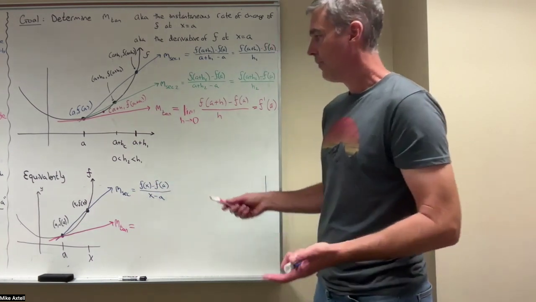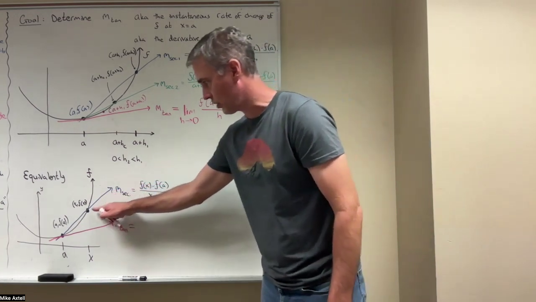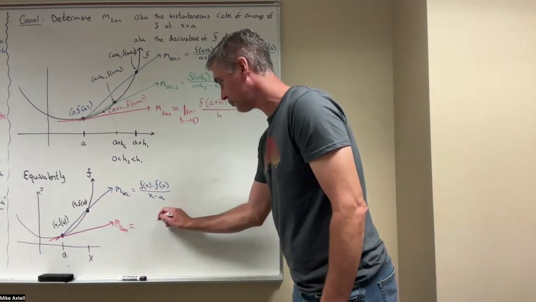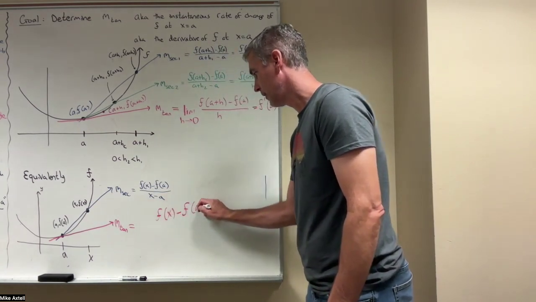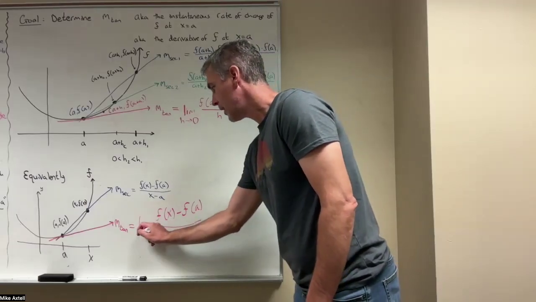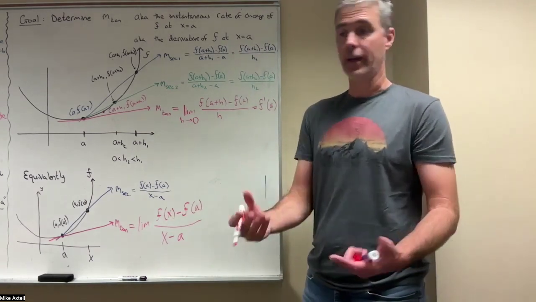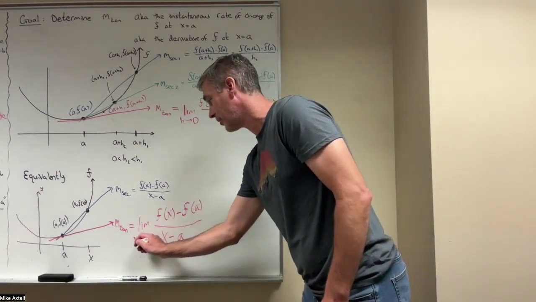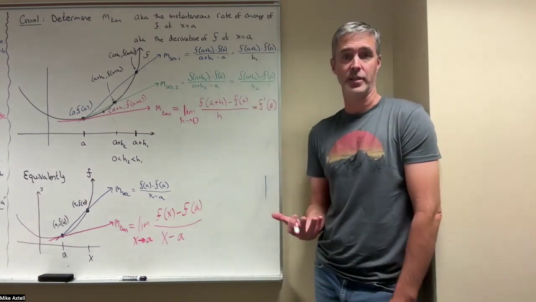So I'm using an x instead of an a plus h. Great. Well, I'd like to do this secant line as x gets closer and closer to a. So I'm going to keep this secant line slope just exactly like it was in the line above, but I want x to get really close to a, so I'm going to take a limit again. I'm going to take the limit as my x value gets closer and closer to this spot a that I'm actually interested in.